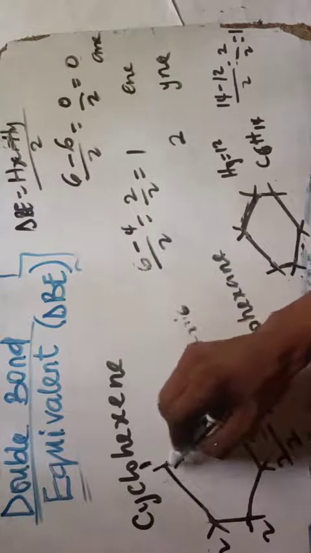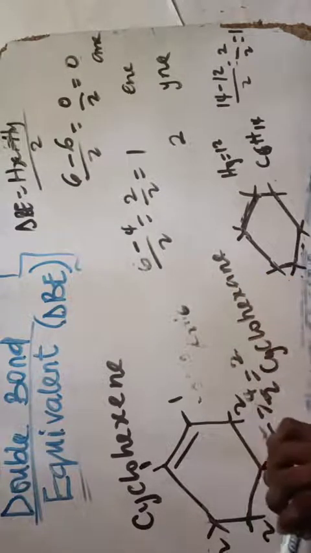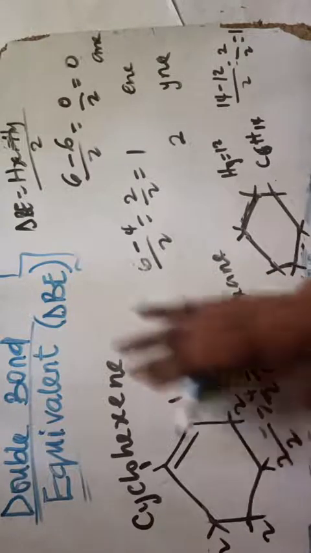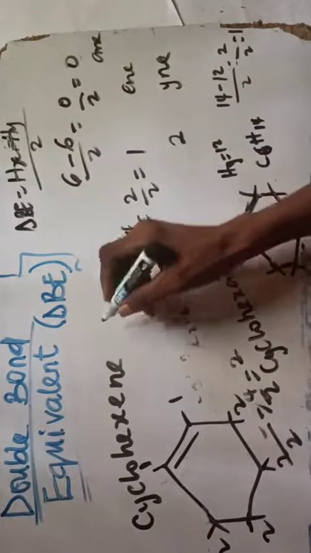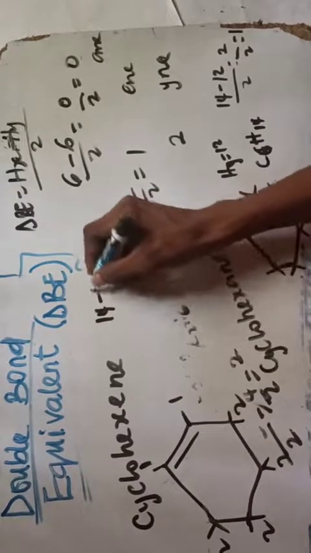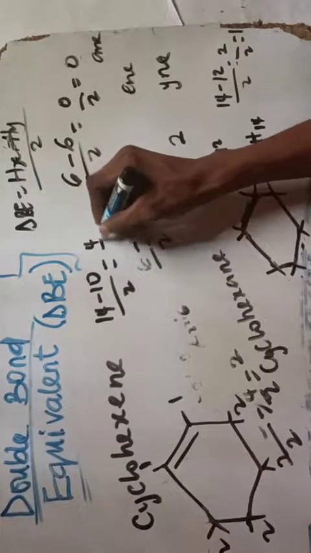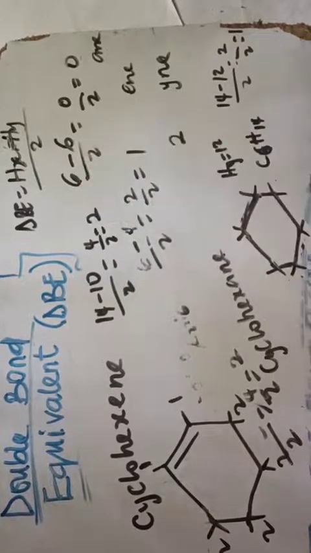So this is 1 present. So that will be 2, 4, 6, 8, 10. So the hydrogen present here is 10. And original hexane is what? C6H14. That will be 14 minus 10 over 2. And that will be what? 4 divided by 2. And that will be 2.